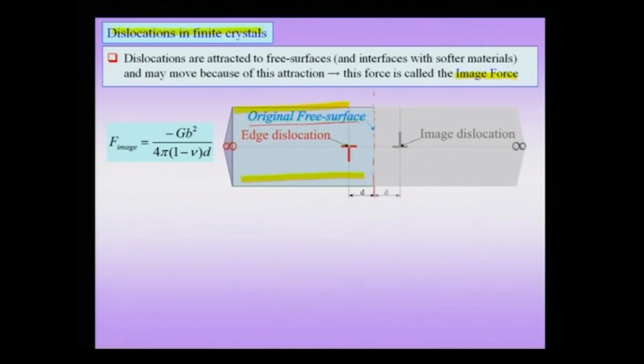Then to calculate the force that this dislocation feels towards the free surface, I put an additional material on the right hand side, and I put a fictitious dislocation exactly at a distance d in this fictitious material, of course, of the same material properties as the blue material. And now, because this is a positive edge dislocation and this is a negative edge dislocation, these positive and negative edge dislocations feel a force, and that is why this is called an image force.